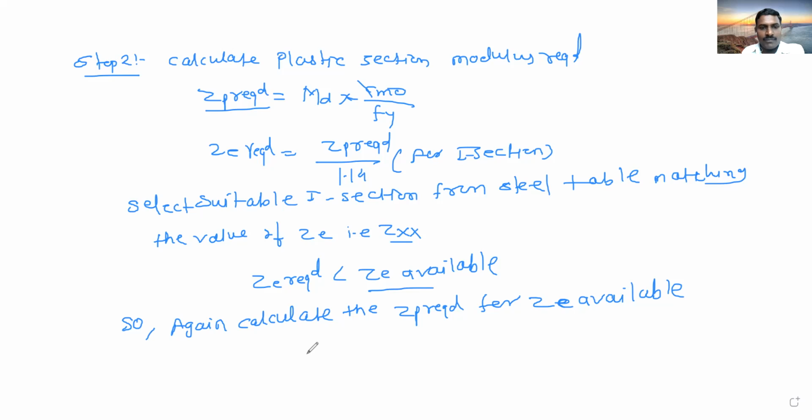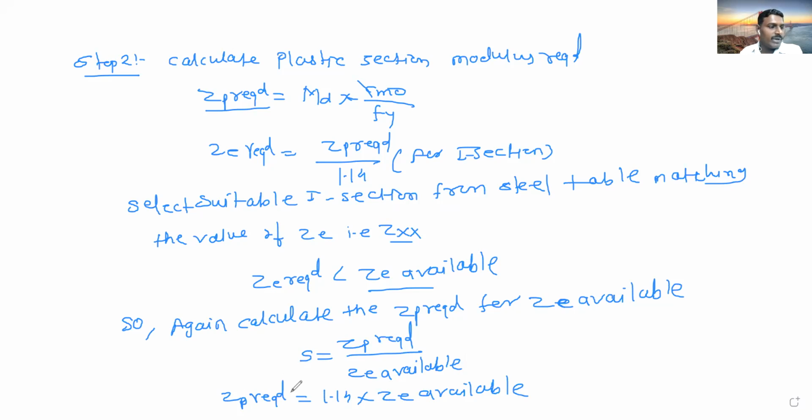Now from this ZE available again calculate first ZP value. So S is equal to now again ZP required divided by ZE available. So ZP required is equal to S into 1.14 into ZE available.